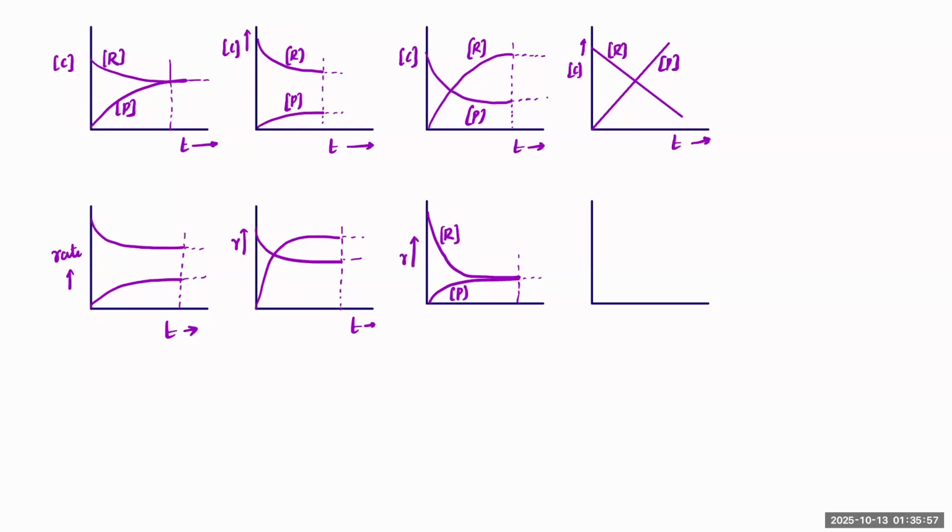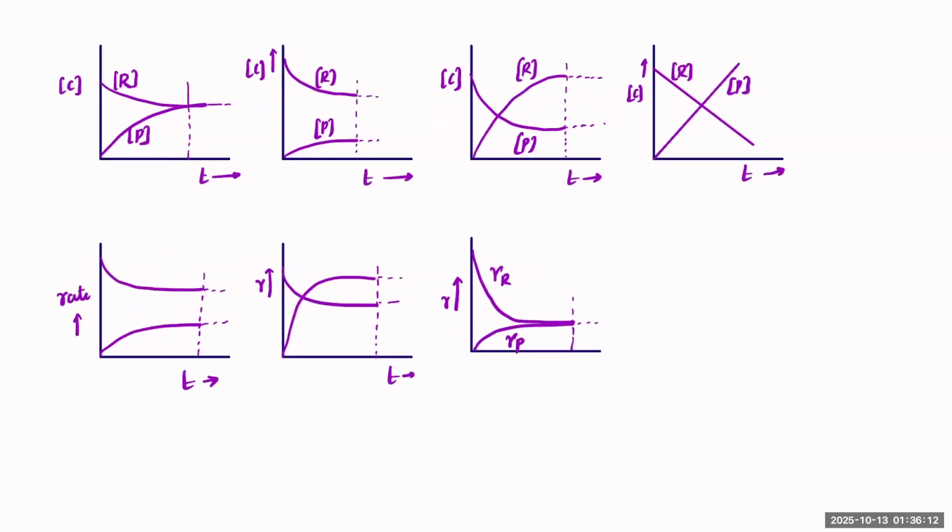This is rate. Okay, sorry. This one is not concentration, it is rate. Rate of reactant, rate of product. Now, tell me, out of these given 7 graphs, which of them are correct? Which of these are correct ones?